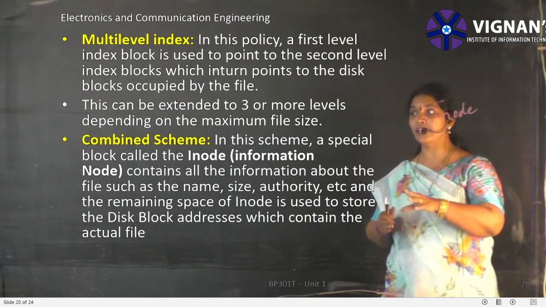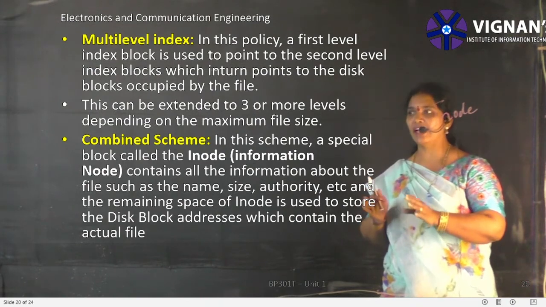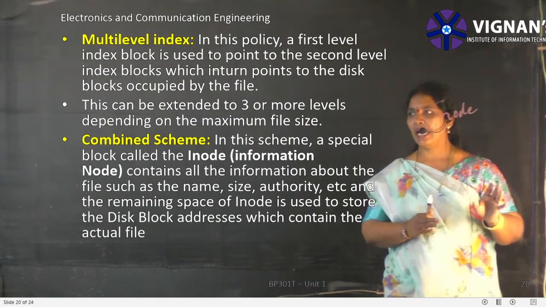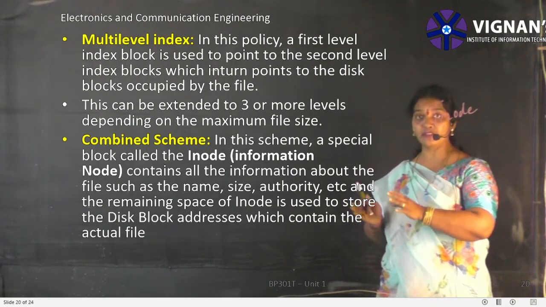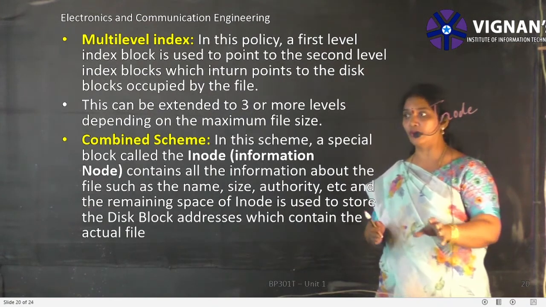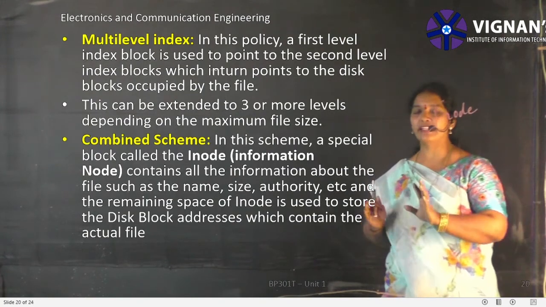It contains all the information about the file such as name, size, authority, etc. And the remaining space of the inode is used to store the disk block addresses which contain the actual file.